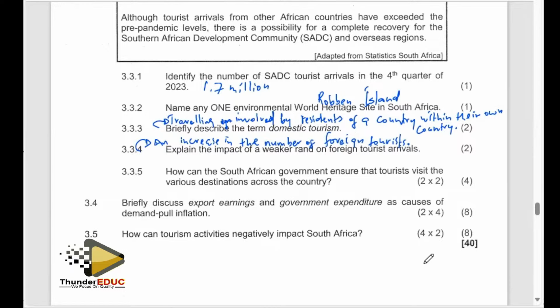This can be done through an improved political climate, and also through international events. Okay, right.